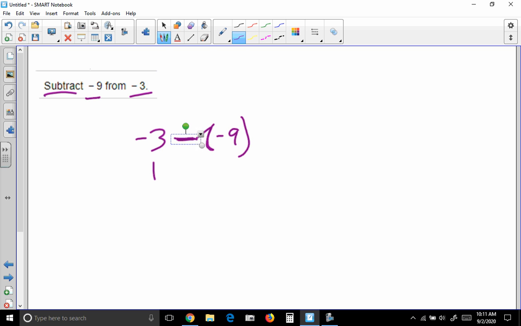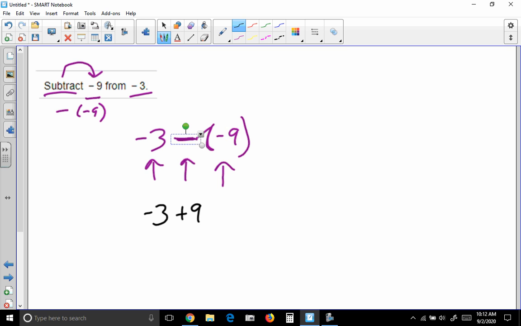So this is negative 3 minus, or subtract, negative 9. So we're subtracting a negative. It's easy to leave one of those negatives off, but we have to have both of them. So we have a double sign in the middle.